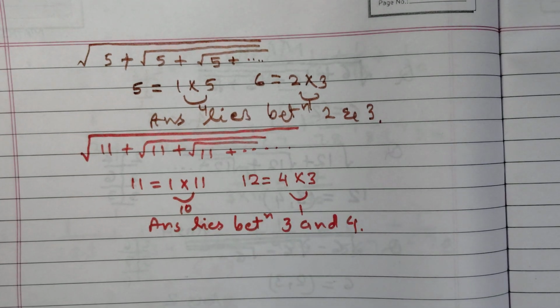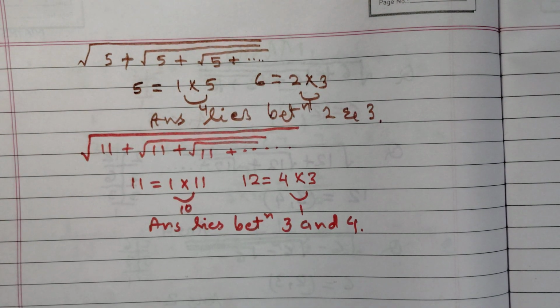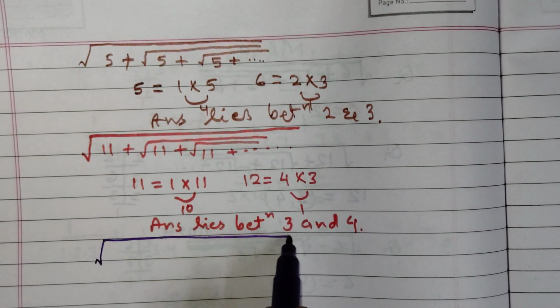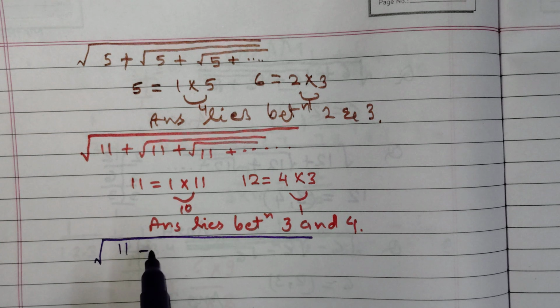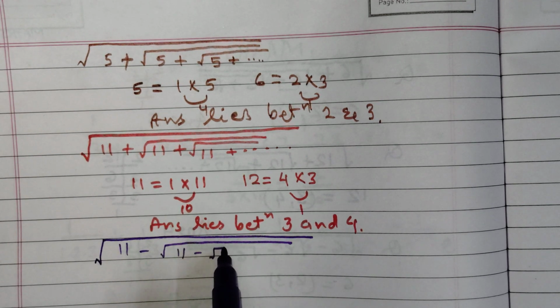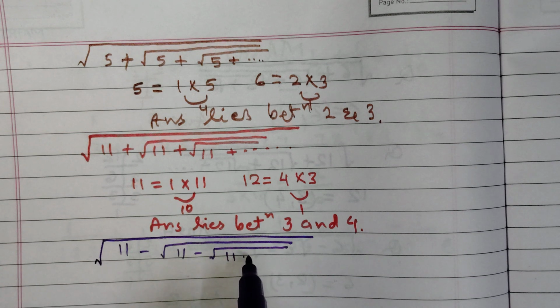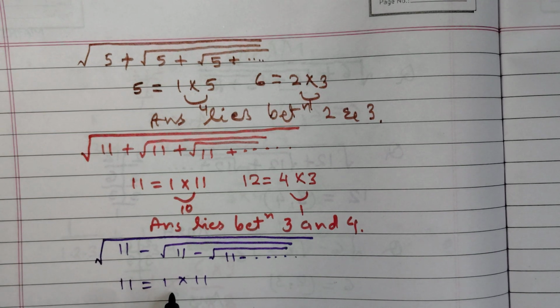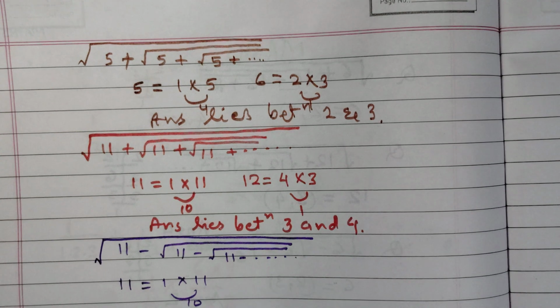Next, a similar pattern problem. If we take a negative sign in the square root 11, then what happens? Square root 11 minus square root 11 minus square root 11, this pattern continuously repeating. Again we take 11 outside. Its factors are 1 and 11, its difference is 10, so it is rejected.